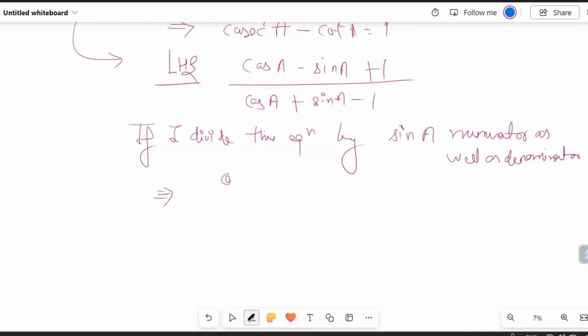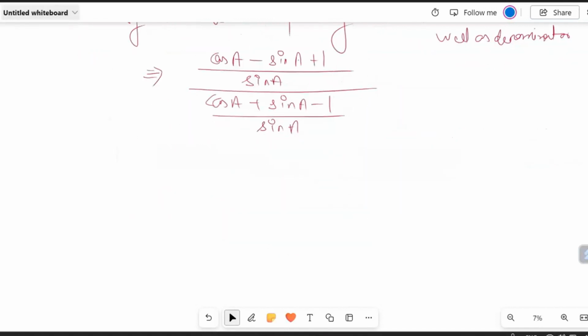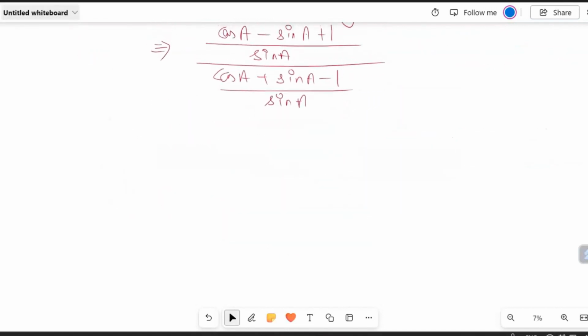In this, cos A minus sin A plus 1 is divided by sin A, and in the denominator, cos A plus sin A minus 1 is divided by sin A. Now what we have to do is separate this. We can separate it, right?